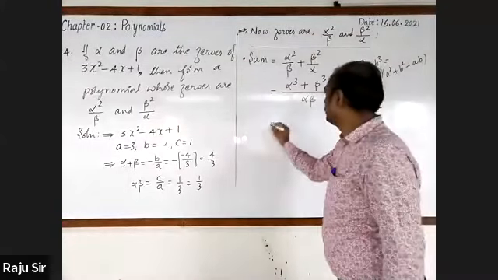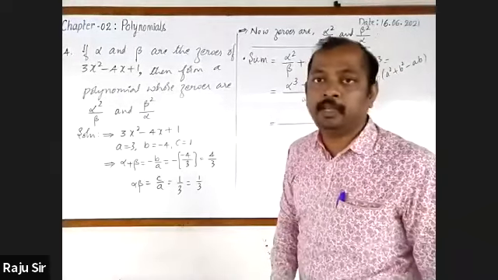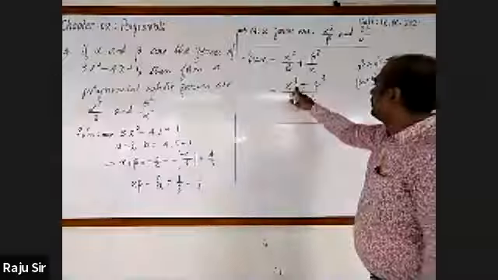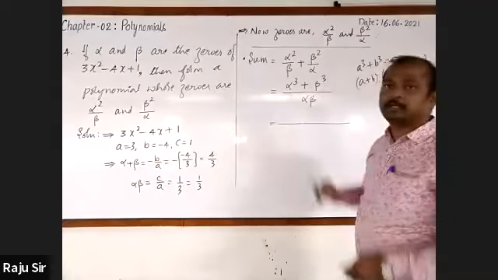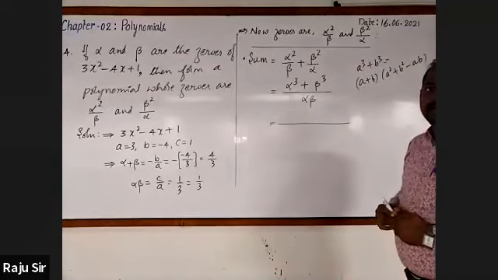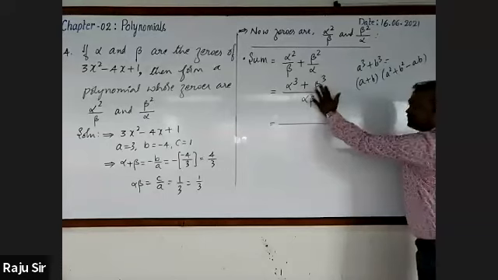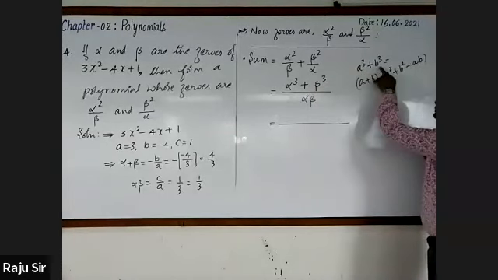How can we write alpha cube plus beta cube? Here I have written alpha cube plus beta cube, which is of the form a cube plus b cube.